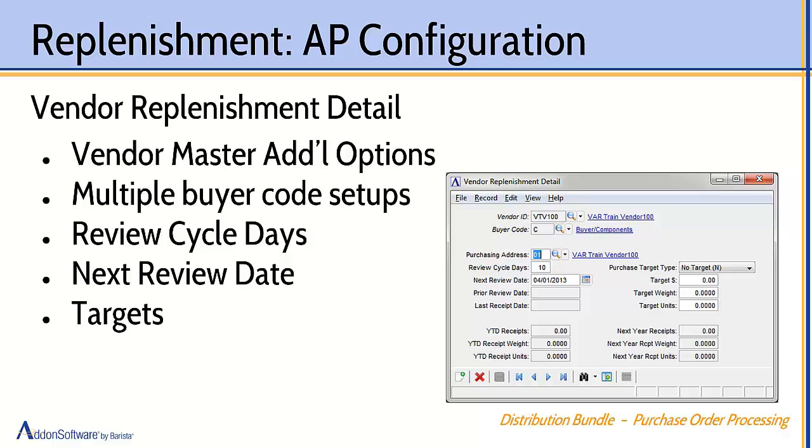Here we can have multiple buyer code setups and specify review cycle days and specify a next review date, as well as our target information. Now, the target is a set of minimums to qualify for a vendor's best pricing. Completely plays into various ways of thinking about replenishment.